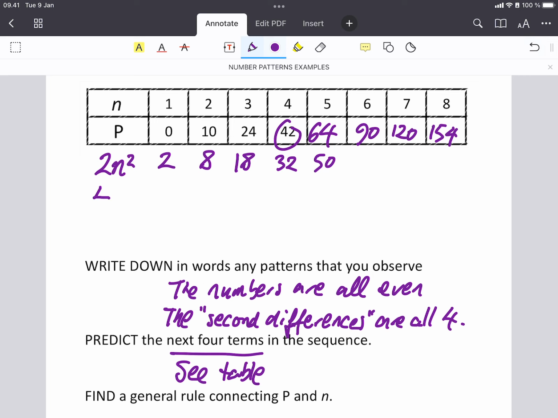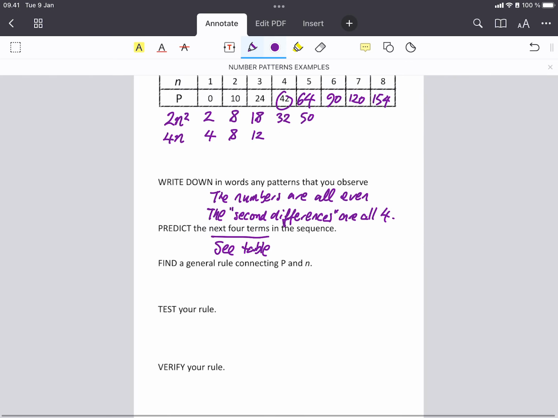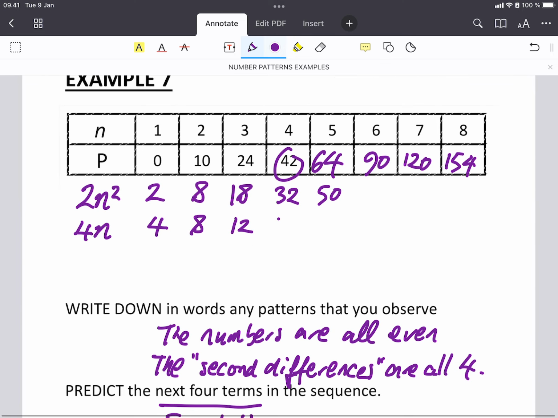So 4 times n. Well, 4 times 1 is 4. 4 times 2 is 8. 4 times 3 is 12. 4 times 4 is 16. 4 times 5 is 20.